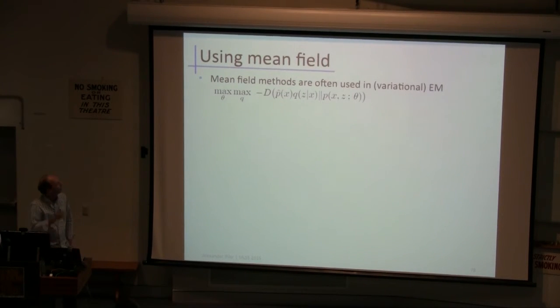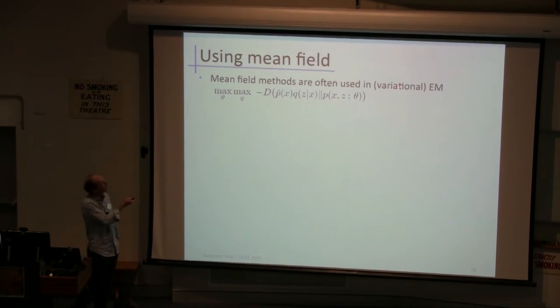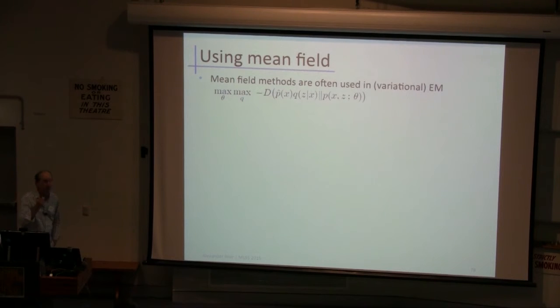Okay. So mean field is often used in variational learning. For example, variational forms of expectation maximization. In EM, we're trying to optimize some model parameters theta to fit some collection of data.